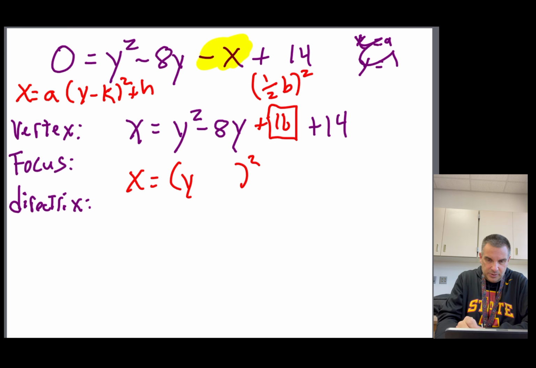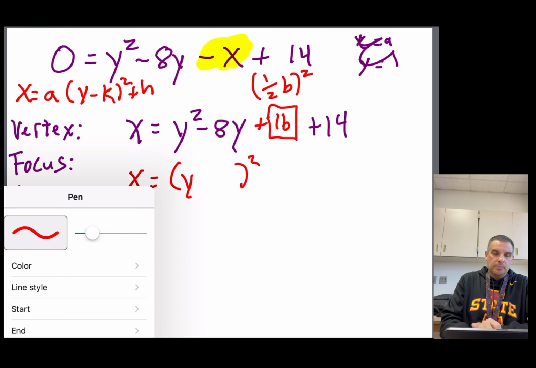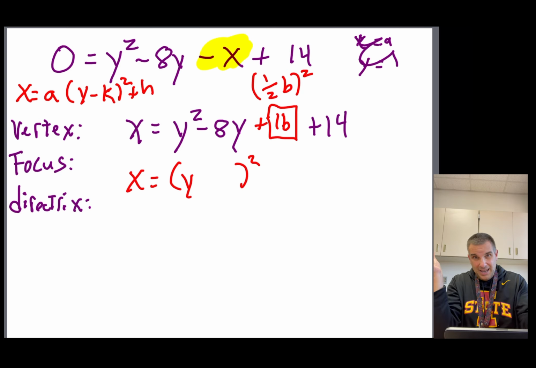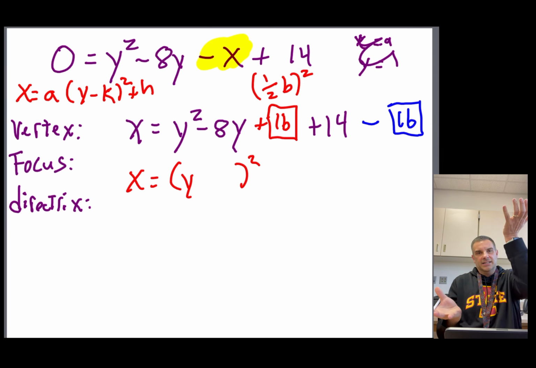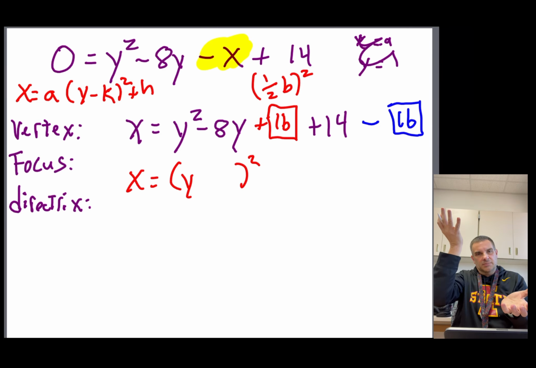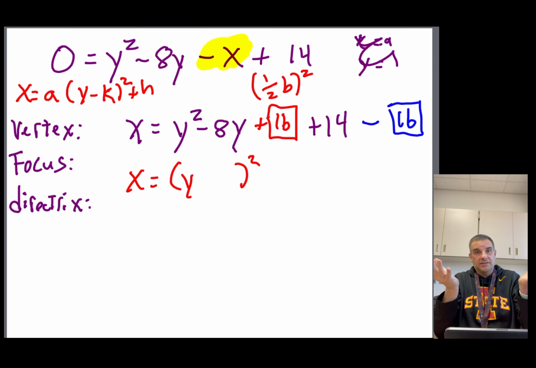So that means I'm going to put a 16 on there. But because we arbitrarily added this 16, I can't change the equation itself. So in this case, I have to subtract off 16 as well. I added 16, subtract 16, and I got it back to being level.